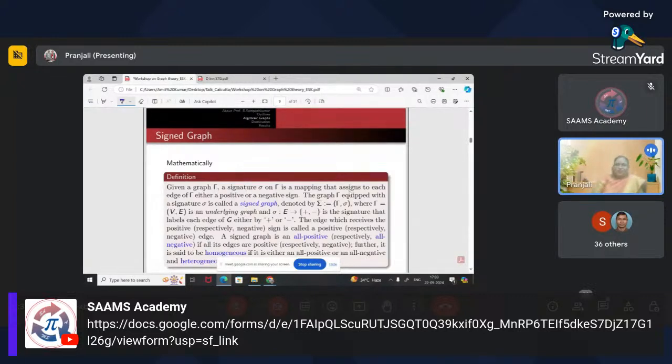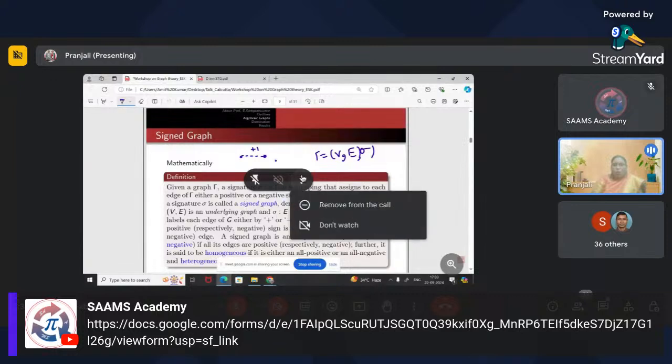If you have a graph which consists of vertices as well as edges, in a sign graph we also have a signature, because vertices are there, edges are there, but we require a function from the set of edges to plus and minus. Here the edges are labeled by +1 or -1.